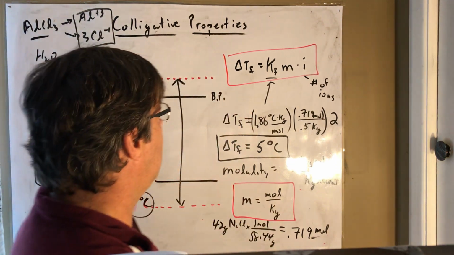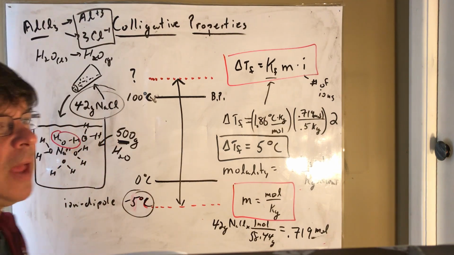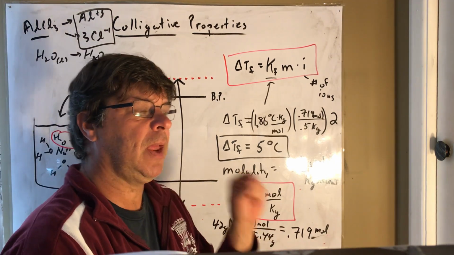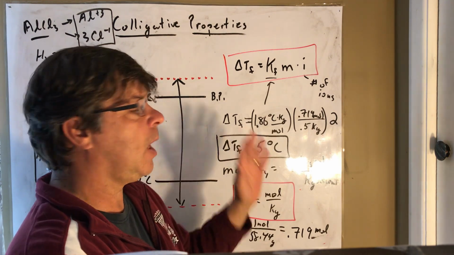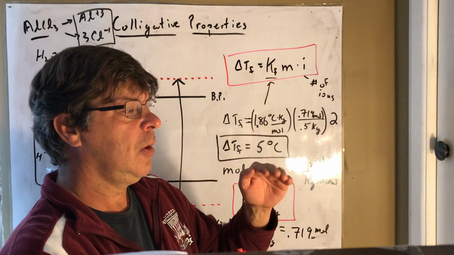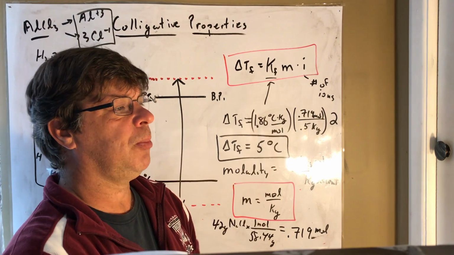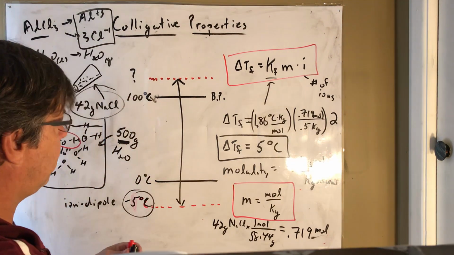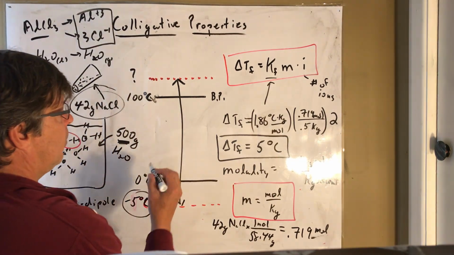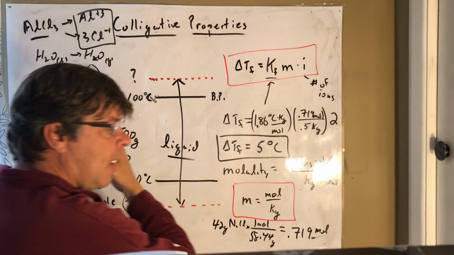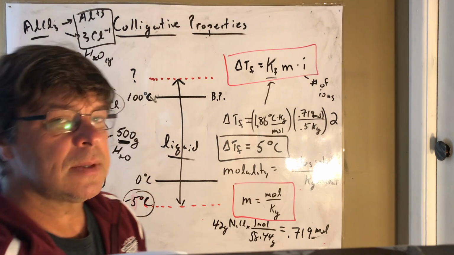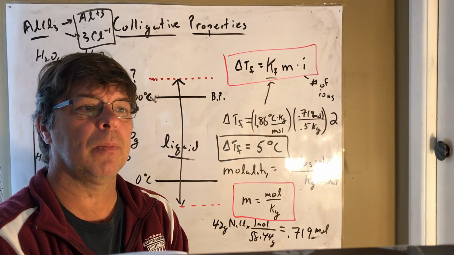And as you go through this, you may need to pause every once in a while just to familiarize yourself with a couple of new things that we learned. Boiling point's elevated, freezing point's depressed. This liquid state is increased. Okay, and that's that. Hopefully that'll help you. Bye-bye.